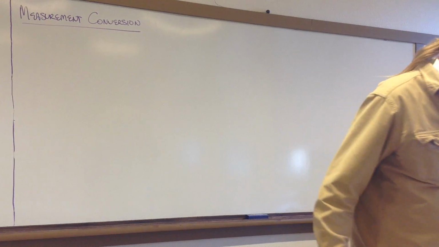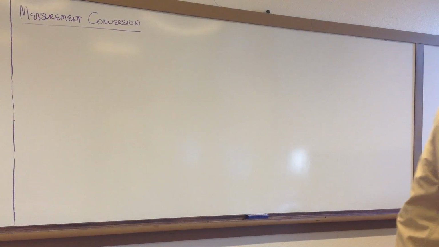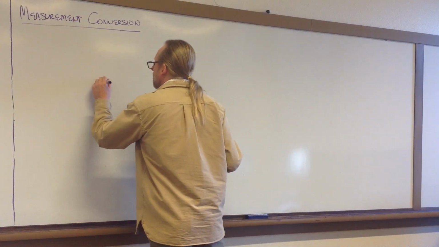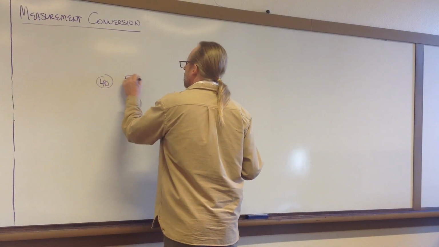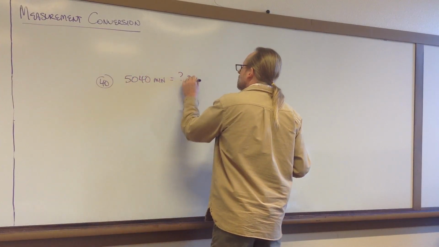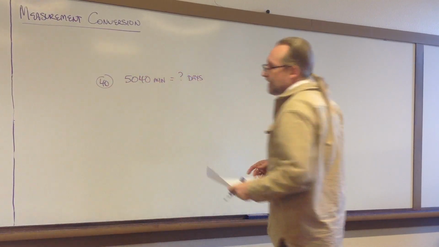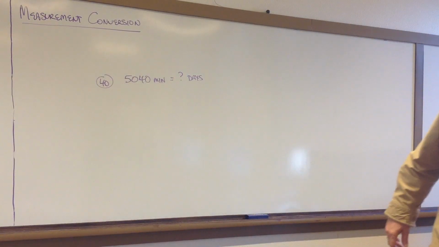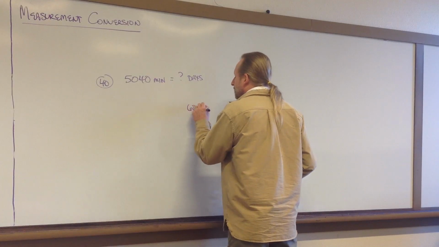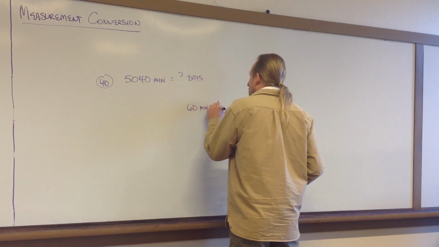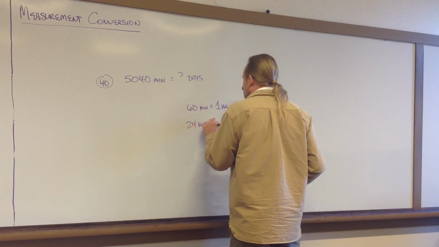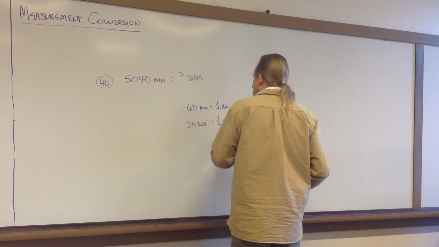Let's see what else we've got here. Oh, now problem 40, we want to go into days. All right. So 5,040 minutes. How many days would that be? Well, let's see. So the conversions we need are 60 minutes is 1 hour, and 24 hours is 1 day.